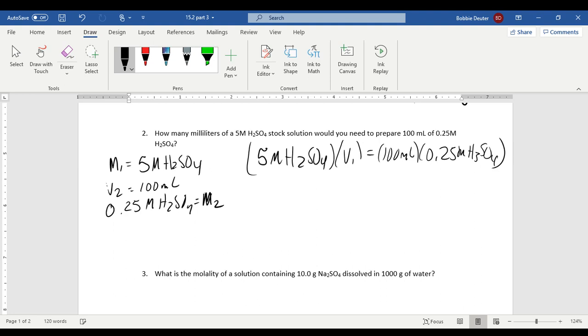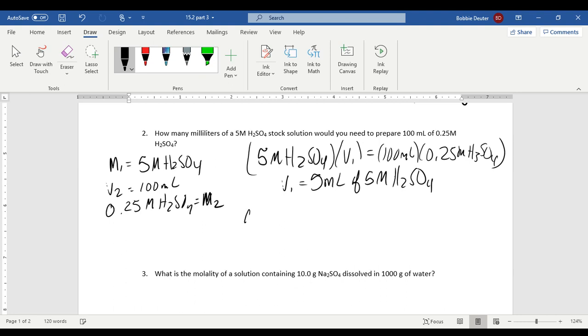We are going to dilute it down to a usable sulfuric acid. And so, again, we're just solving for that volume. We're already in milliliters, so we can stay in milliliters. It's not going to be a huge difference, but you're going to notice that we only need 5 milliliters of 5 molar H2SO4.